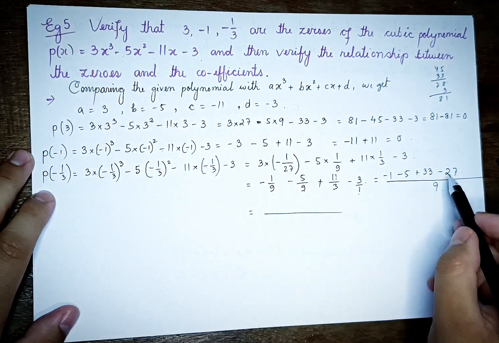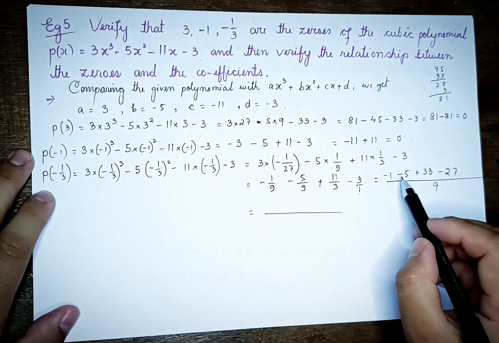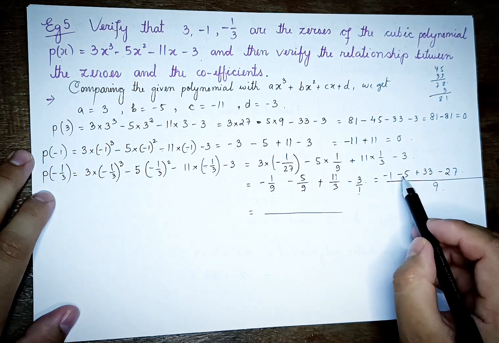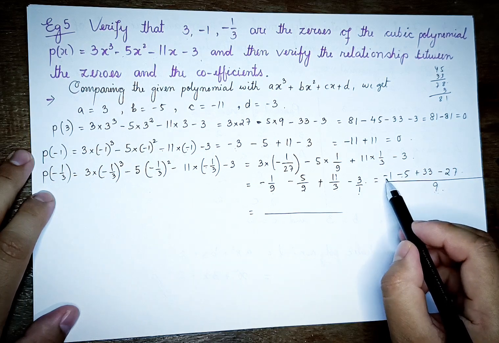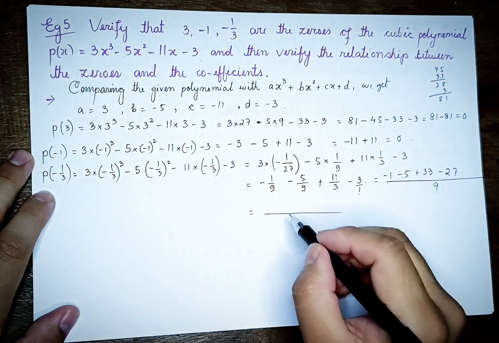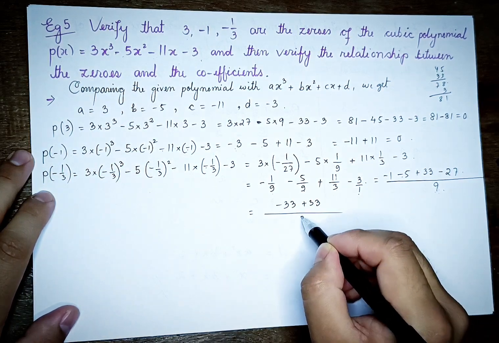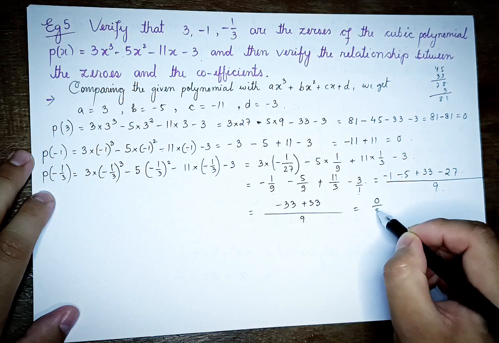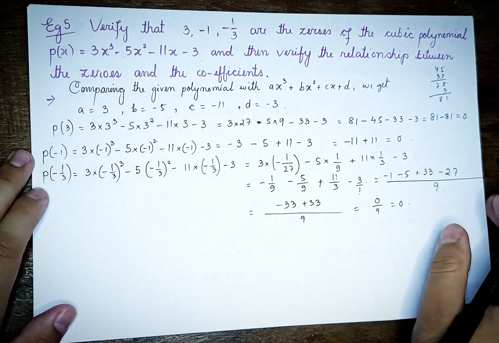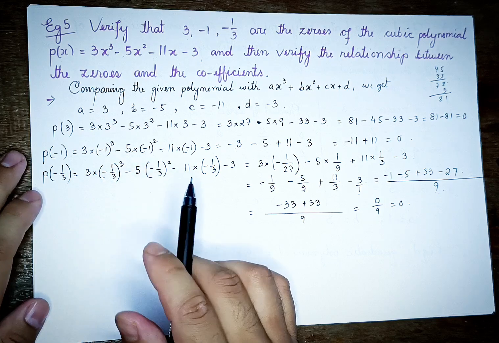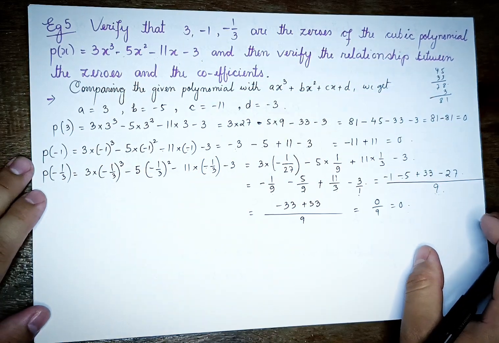So adding the minus part, minus 27 plus minus 5, which gives minus 32, minus 32, minus 32, minus 1, which gives minus 33. Minus 33 plus 33 divided by 9, which gives 0 by 9 is equal to 0. So P of minus 1 by 3 is 0. Therefore, minus 1 by 3 is a zero of this cubic polynomial.